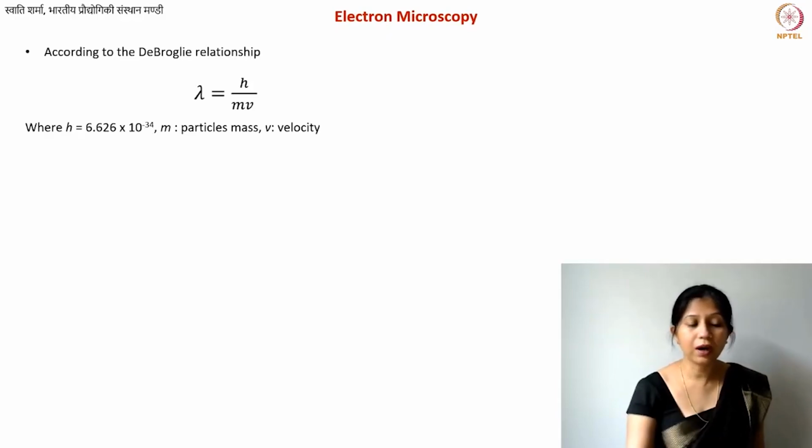Before that, I will not give you too many details, but let's at least understand why and how we can use electrons for imaging something. Often you would image something using light, or you can use X-rays to get images, like in the case of your bones and your body.